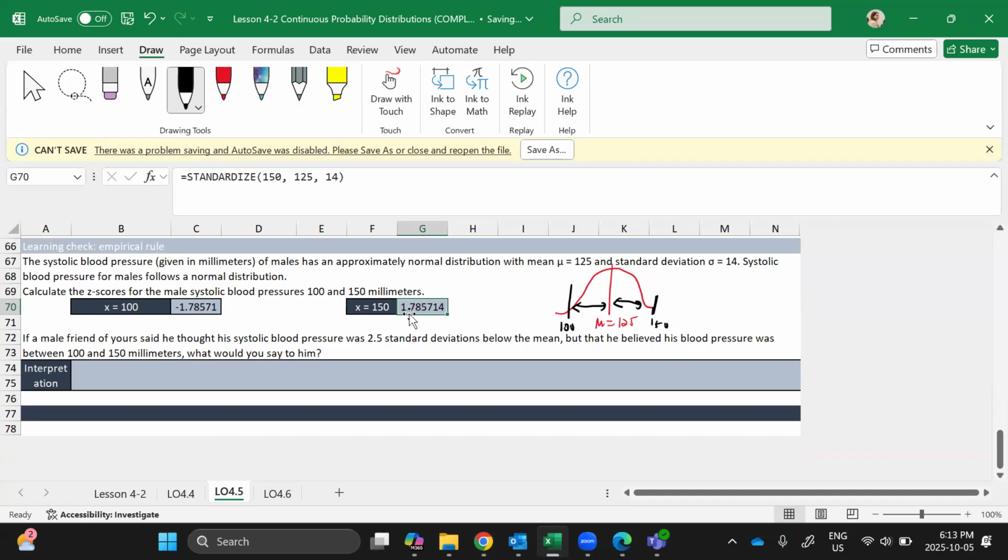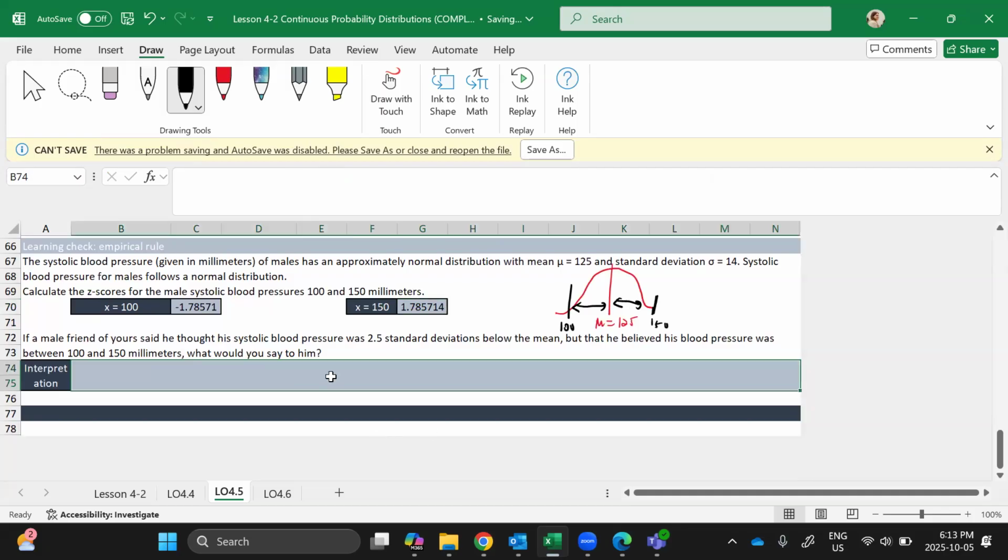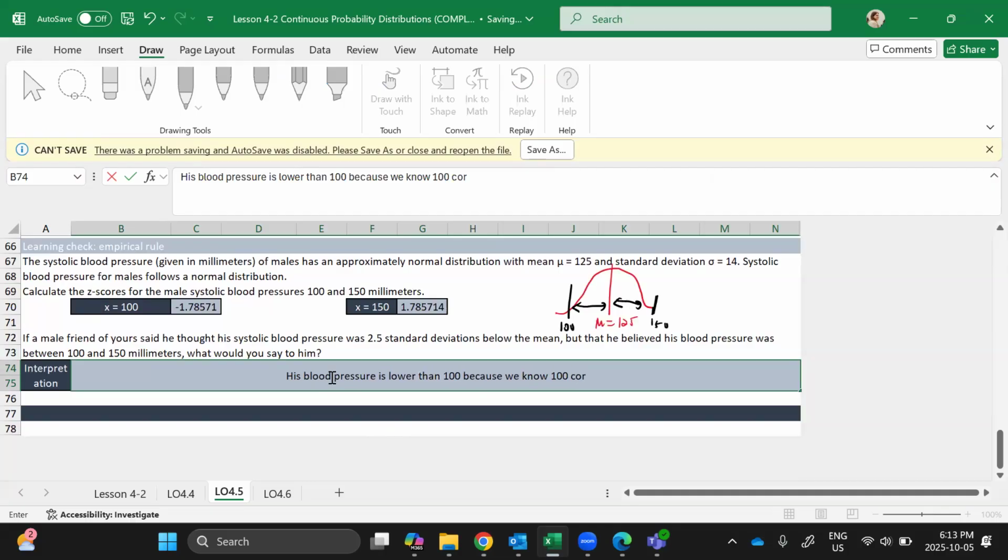Another related question says, if a male friend of yours said he thought his systolic blood pressure was 2.5 standard deviations below the mean, but he thinks his blood pressure is between 100 and 150 milliliters, would you believe him? You won't have the exact same answer as me, but what I wrote is that his blood pressure is lower than 100 because we know 100 corresponds to a Z-score of negative 1.78, which is below the mean.